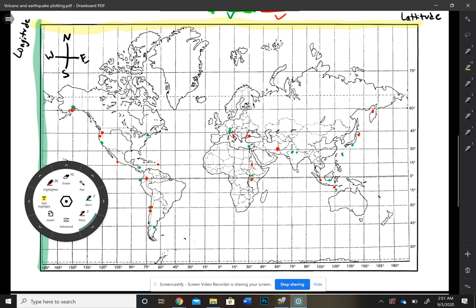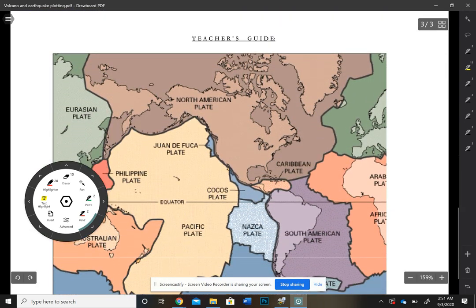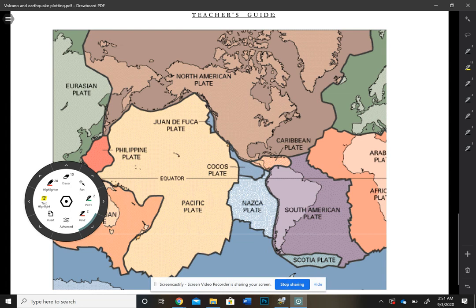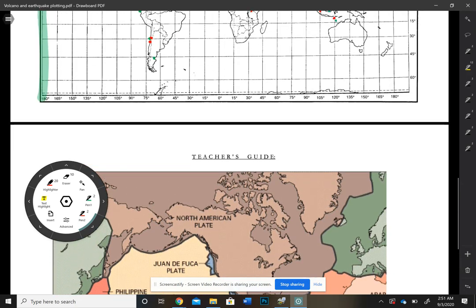3. Using reference books or maps, draw the major crustal plates of the Earth on your world map. Label the names of the plates neatly. You can find that graph right below where it says Teacher's Guide. So, it wants you to draw those lines on your map.